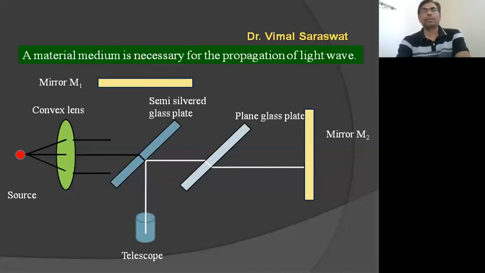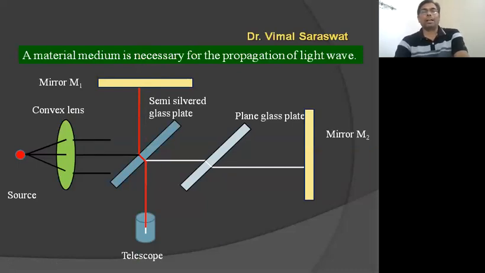So in this way, this light ray is totally in air, whereas the reflected ray shown here moves two times through the semi-silvered glass plate. One during this part and another during this part. And hence there is a path difference between the two rays.